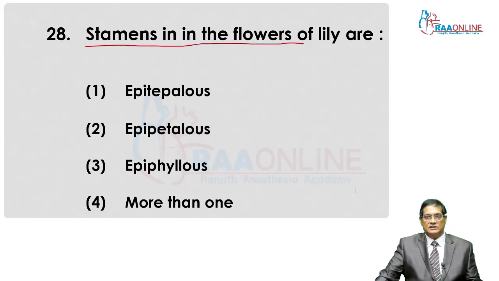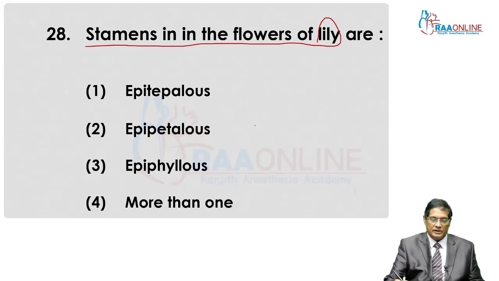Now come to the 28th. Stamens and flowers of lily, that is family Liliaceae. In the lily family, the first feature is that calyx and corolla are non-distinguishable.